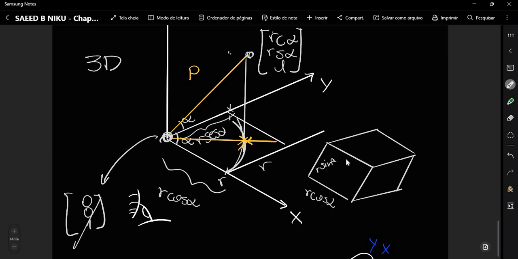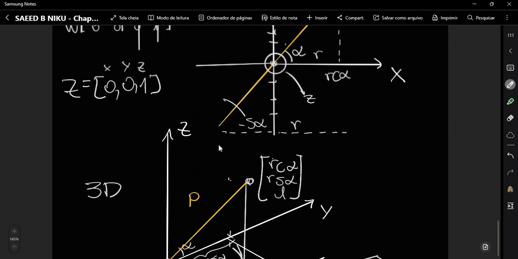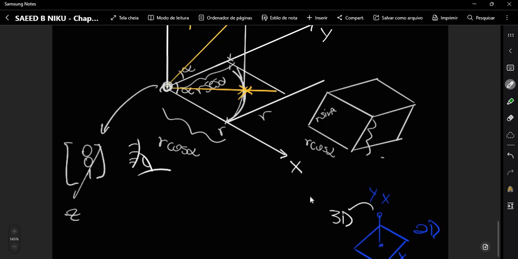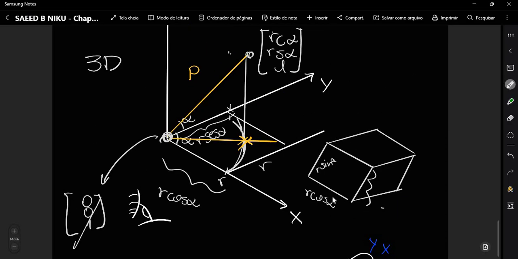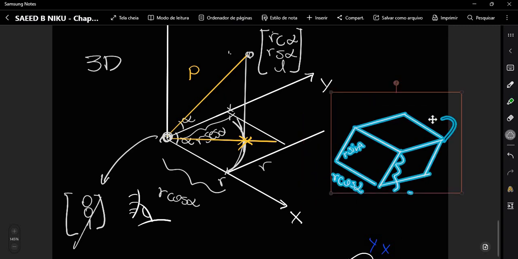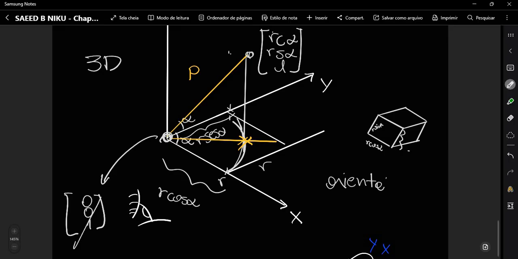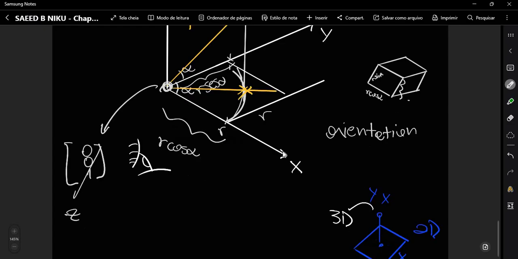I will say that right here is minus, let me see, because it's minus sine of alpha and cosine of alpha. Forget about this. I don't know if it's right, but thinking about it, the orientation is like the direction.